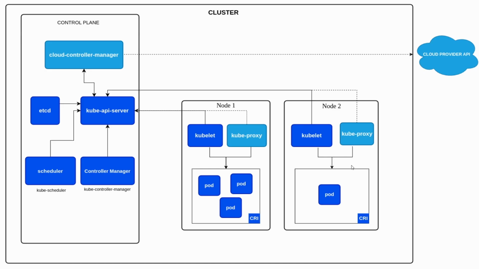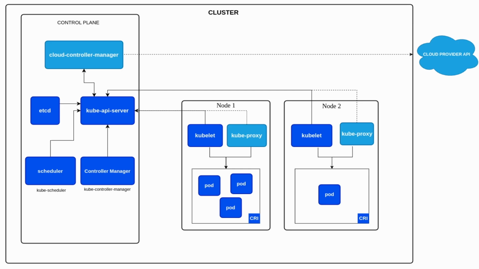Now we can see again the diagram of our cluster architecture, a high-level overview. We have the Kube API server. As you can see, everything relies on this Kube API server. Every call to the cluster state is done through this Kube API server, which means that if we are managing it, we need to make sure that it's highly available and fault tolerant.